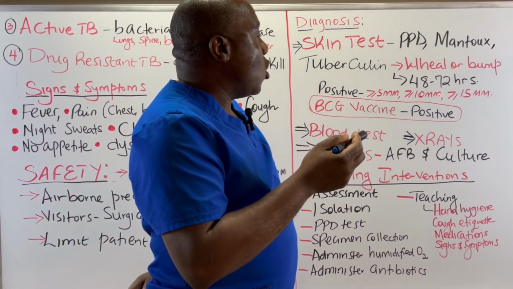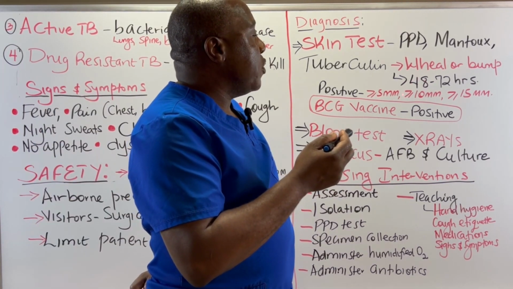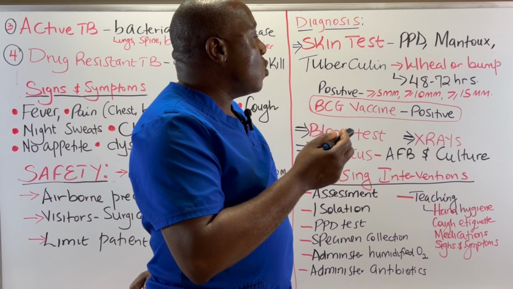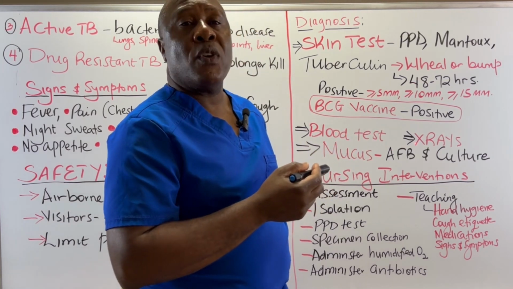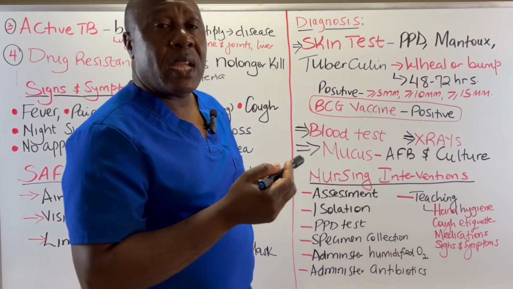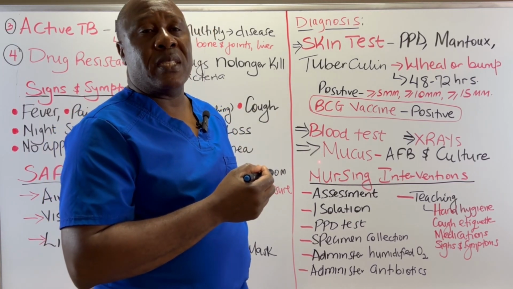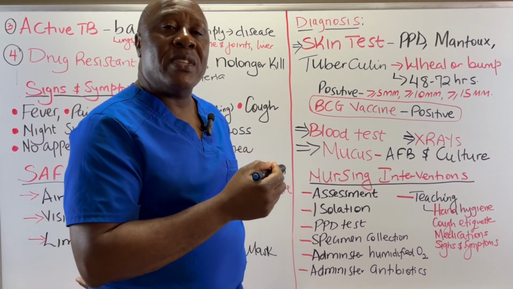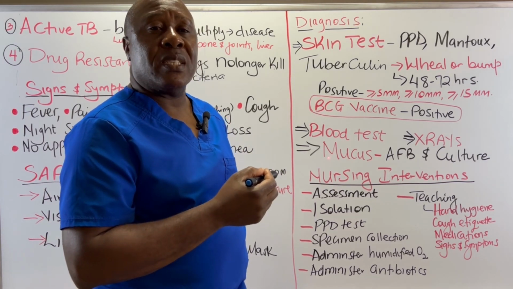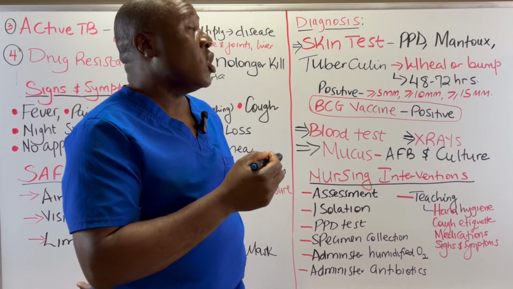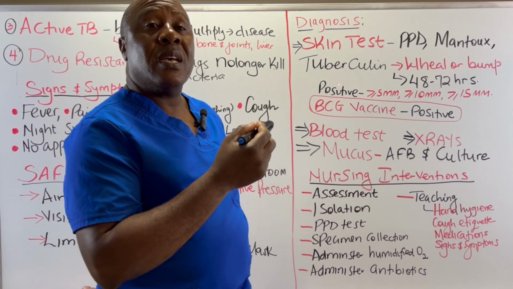The following people will be positive if the induration is greater than or equal to 10 millimeters. One, those people who are working or living in crowded conditions: nursing home residents, homeless shelter residents. We also have prisoners. We also have the healthcare workers who are working in these crowded areas.